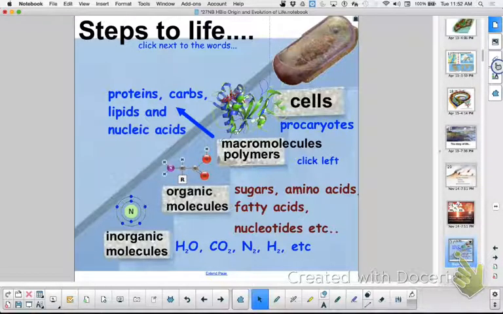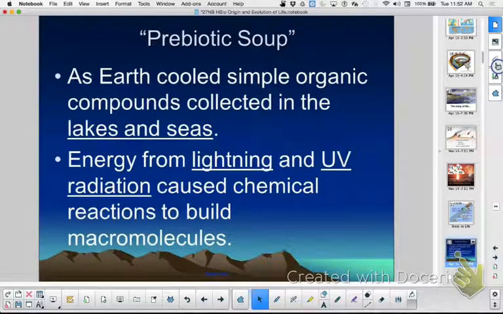So on your notes, where it says energy, the energy to do this in this early soup could come from lightning. Write that down. What else? UV radiation. Magma. Molten magma. Good. Write all those down.